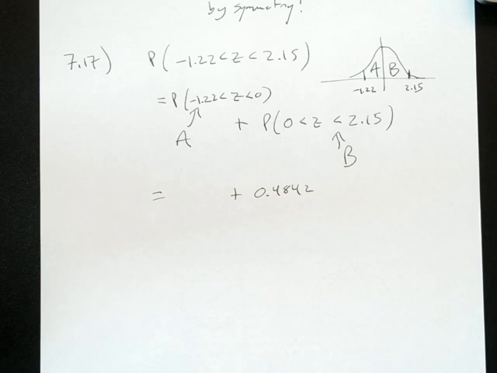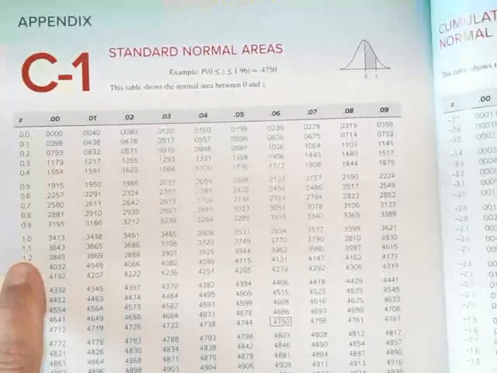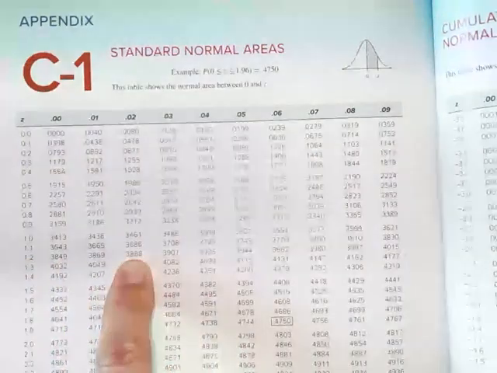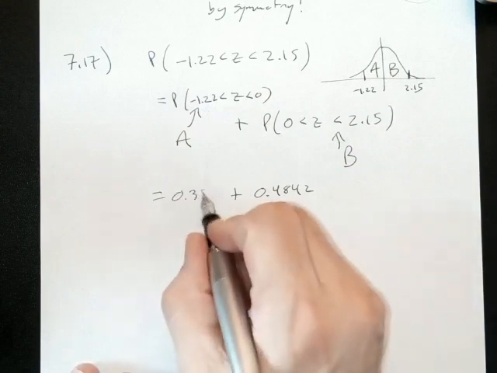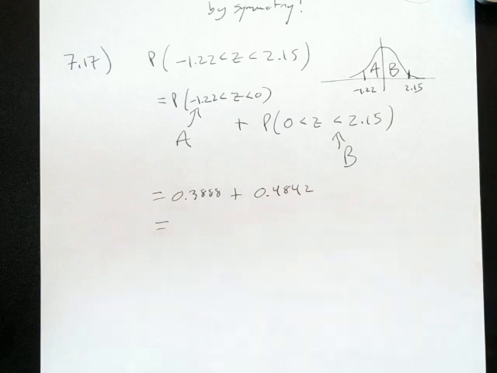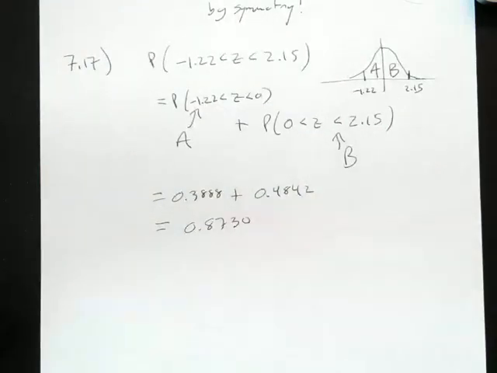Version. So I go to 1.2. 1, 2, 0, 1, 2 is deviations to 2.15 standard deviations above.